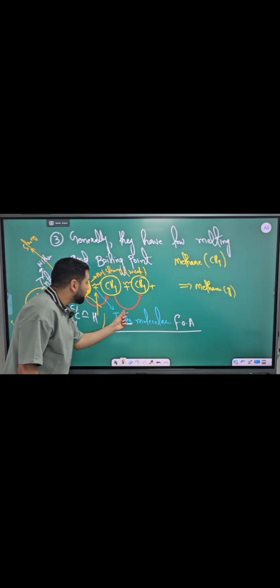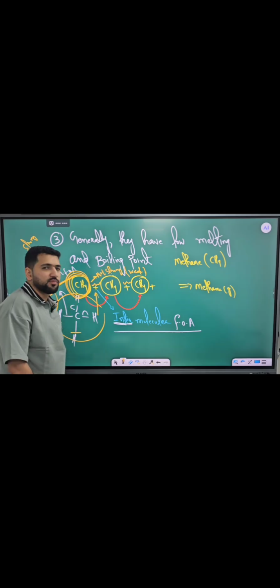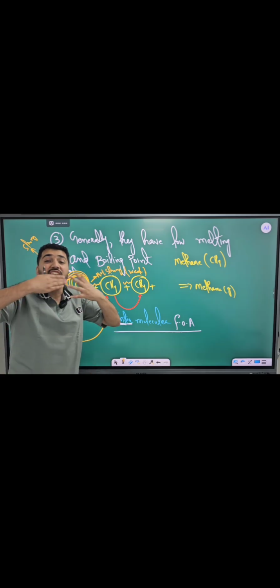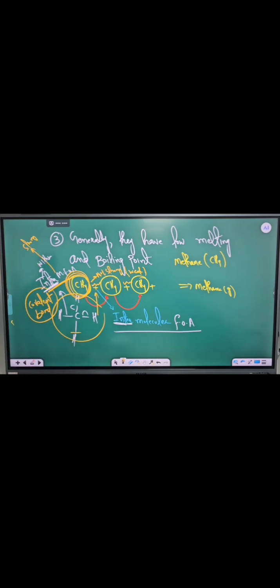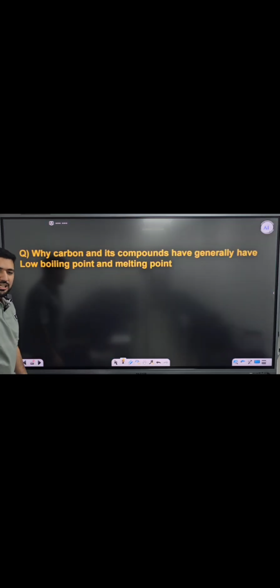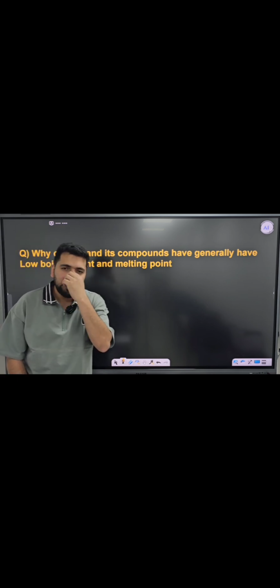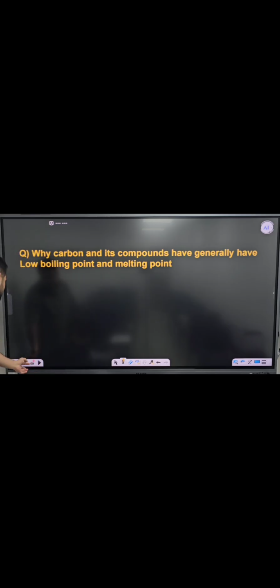The reason is that the intermolecular force of attraction is weak, and we have to break this intermolecular force of attraction in order to change the state. I hope this point is quite clear. So why do carbon and its compounds generally have low boiling and melting points? Because the intermolecular force of attraction is weak. I hope this point is quite clear.